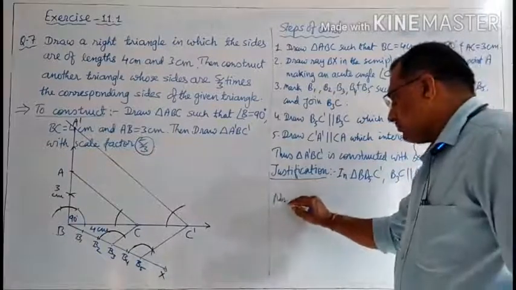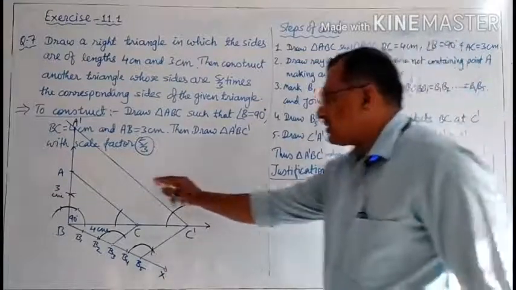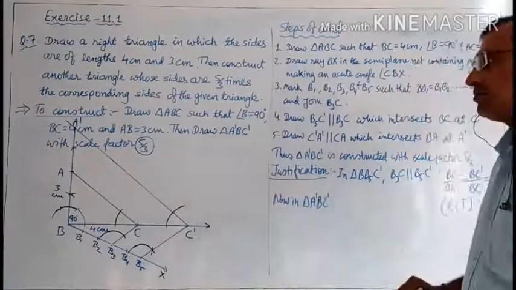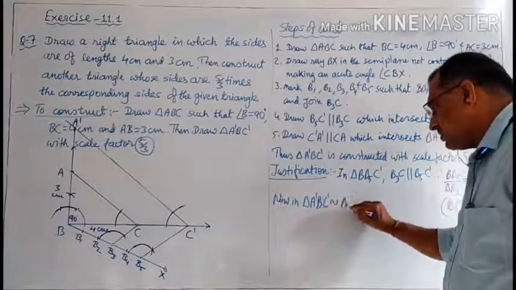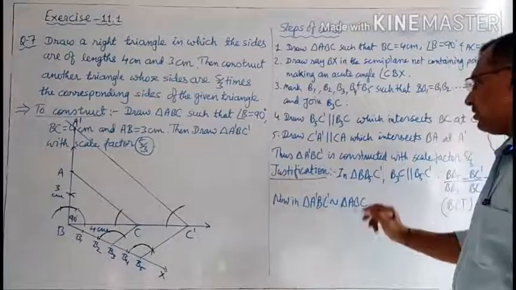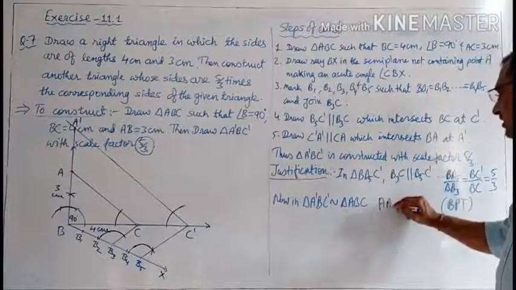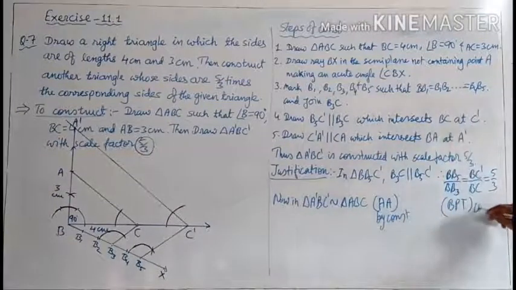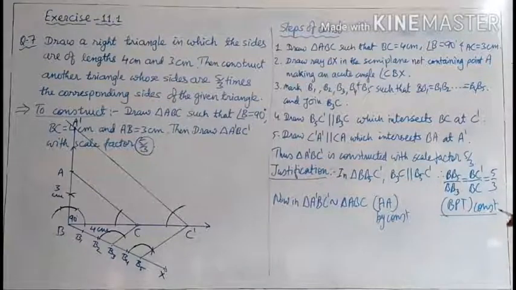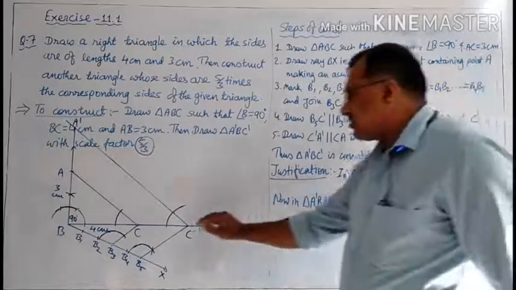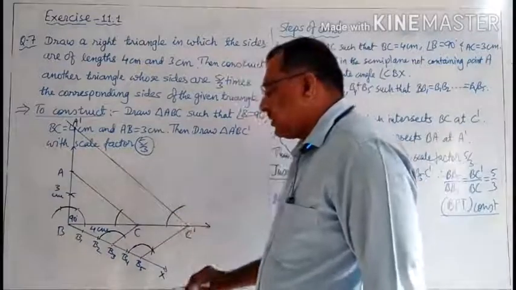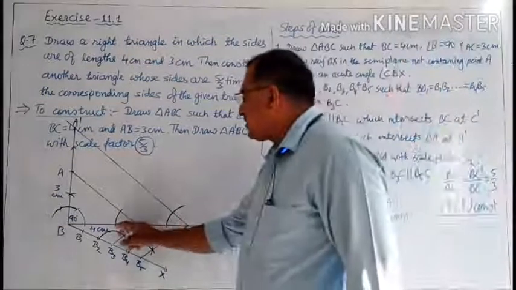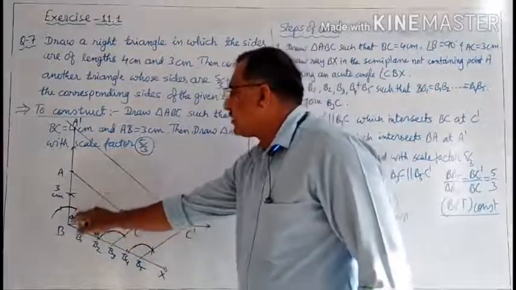Now another triangle we have constructed, that is A dash B C dash, is similar to ABC. How can you say similar? By AA criterion, that is by construction. Here we have constructed congruent angles and parallel lines, and this angle is common.